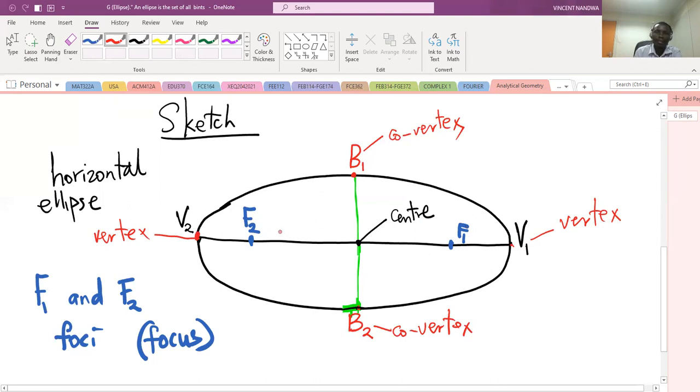And then the line joining the two vertices, V1 and V2, is called the major axis. So the line segment V1V2 is called the major axis. And then the line joining the co-vertices, B1 B2, is called the minor axis.